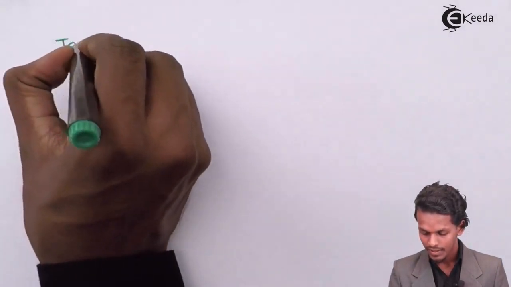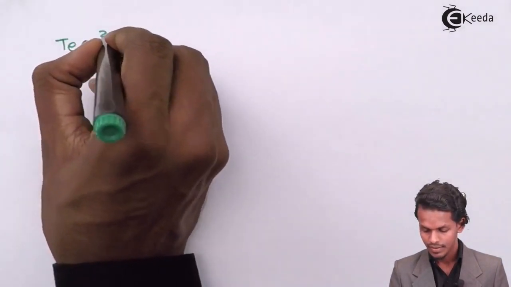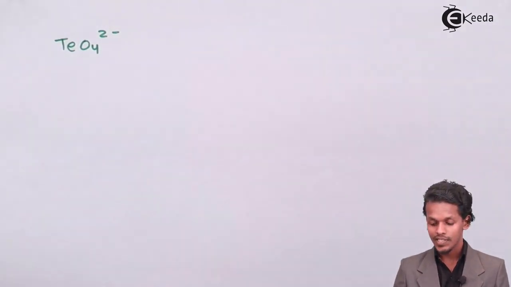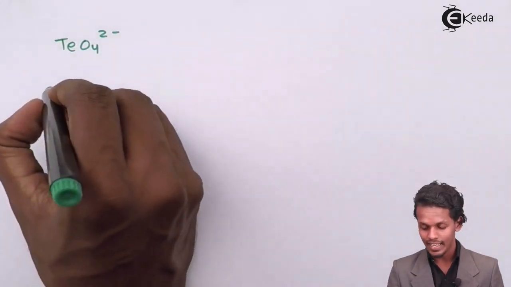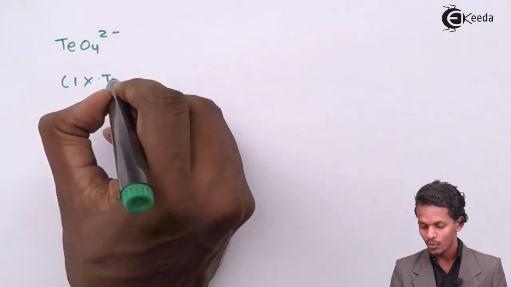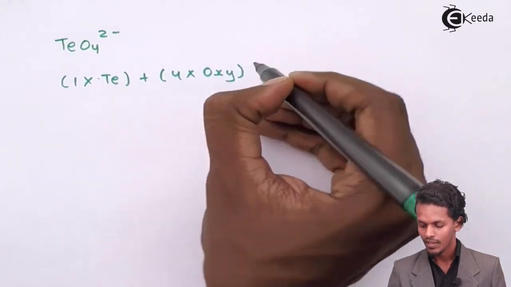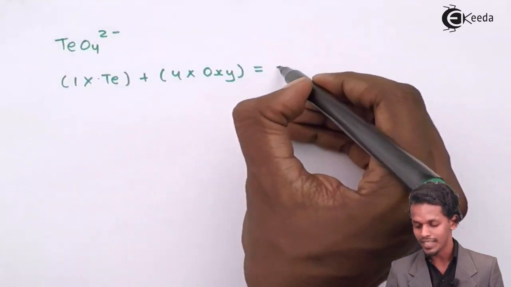So moving towards the product, the product is found to be tellurium tetroxide. So in this case I would write directly 1 into tellurium plus 4 into oxygen, which will give an overall charge of -2.